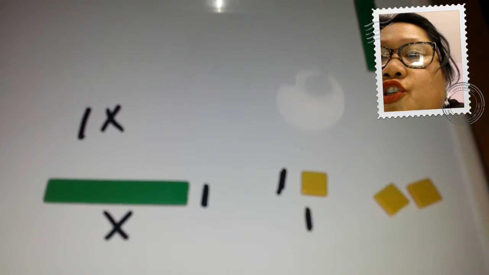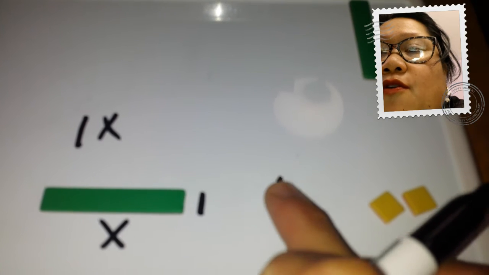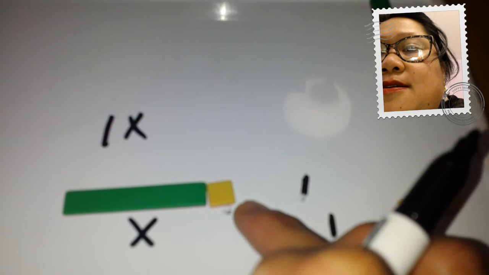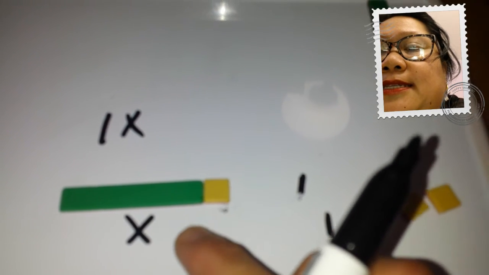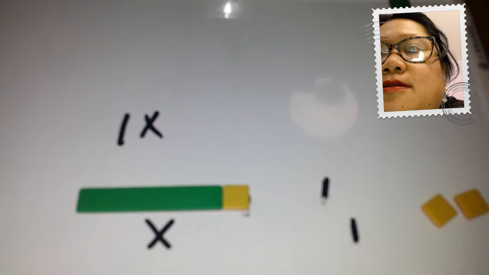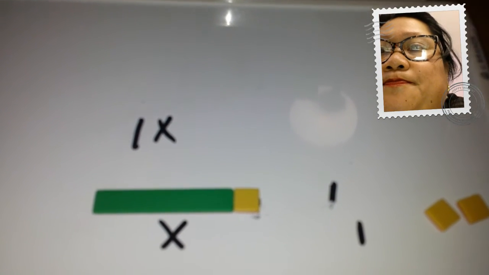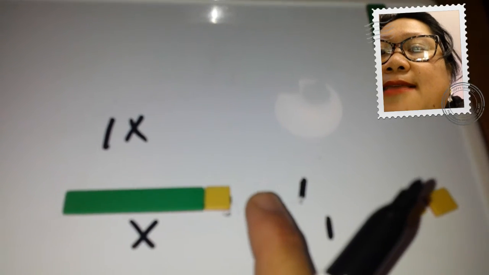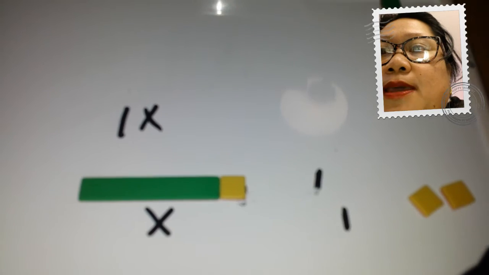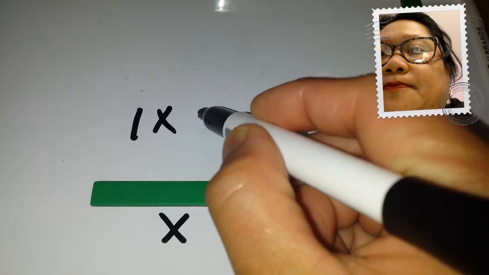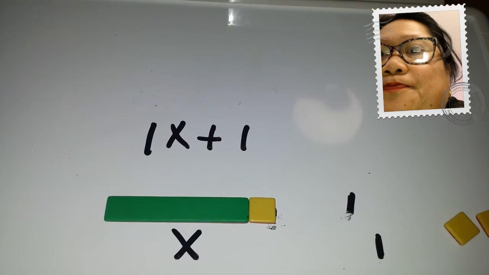So if I were to move this yellow square over here next to the rectangle, we can see that it has the same height of 1 and width of 1, because if I turn this over this way, it has a width of 1. So if I added this green rectangle and the yellow square together, it would be 1x plus 1, which I've already written over here. Okay?